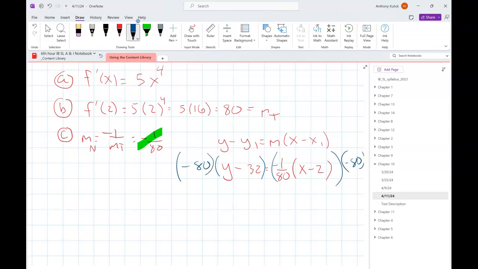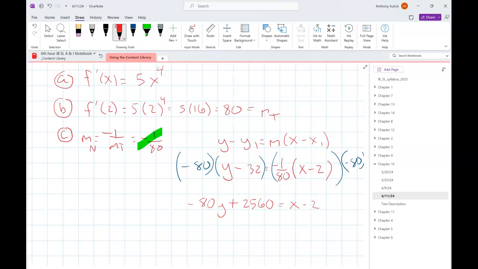I'm going to multiply both sides by -80. And then what's 80 times 32? Yuck. 2560. Everybody's good there?